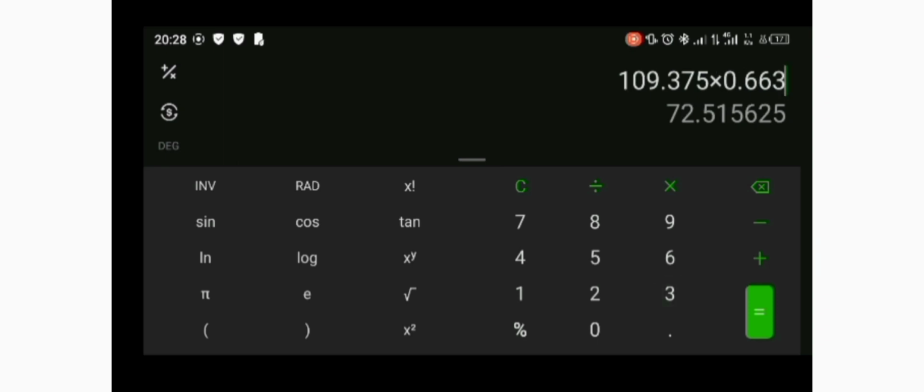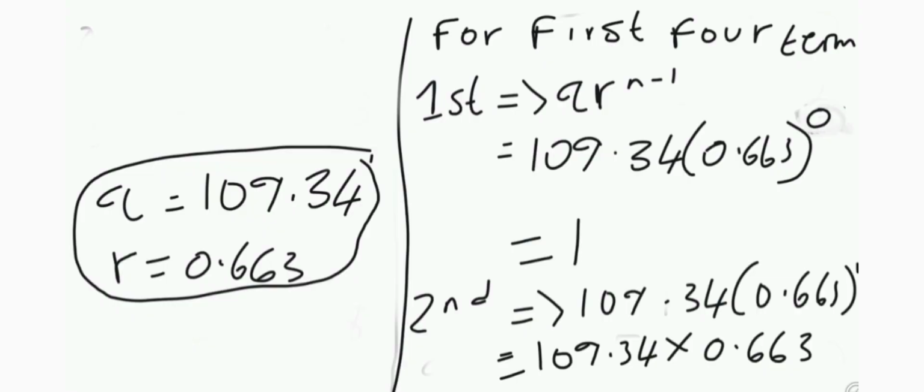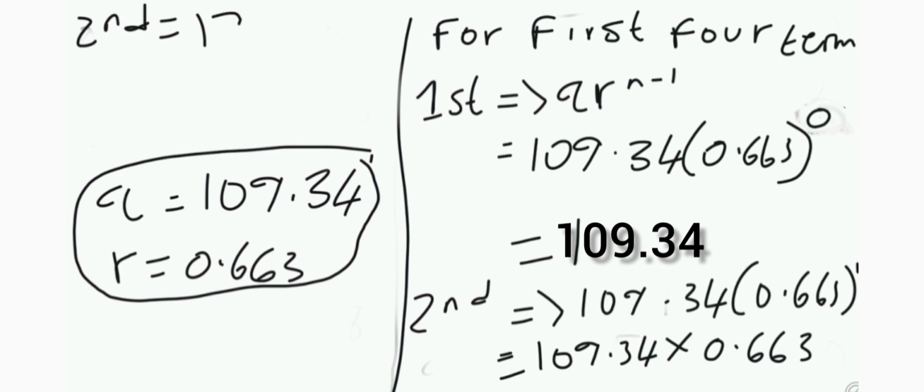Okay, so we have 72.51. So the second term's final answer is equal to 72.51, not 17, 72.51, or 72.52 due to approximation.